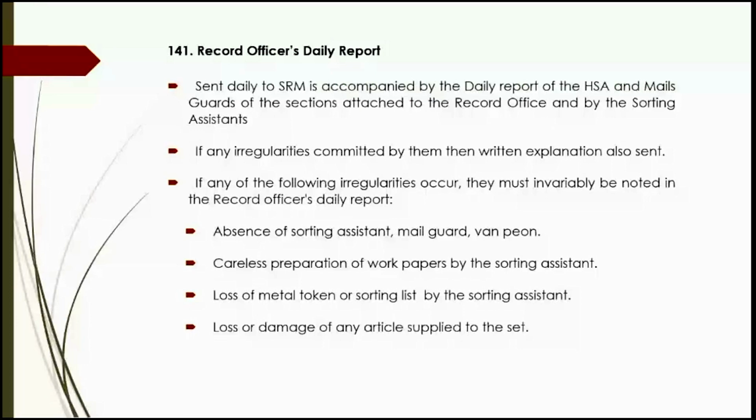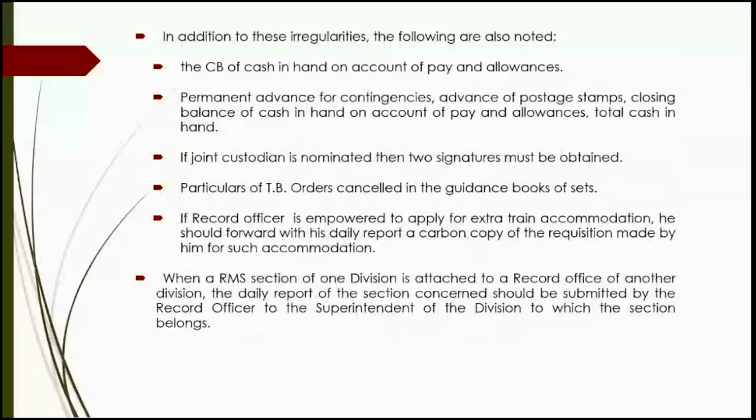Another thing is, if he loses anything, whether it's a metal token, sorting list, article, or damage of an article, when it is concerned with loss, it has to be compulsorily recorded in the daily report. So this is regarding the record officer's daily report. So we saw the mandatory recording of irregularities. Apart from this, there are also other things that will be noted.